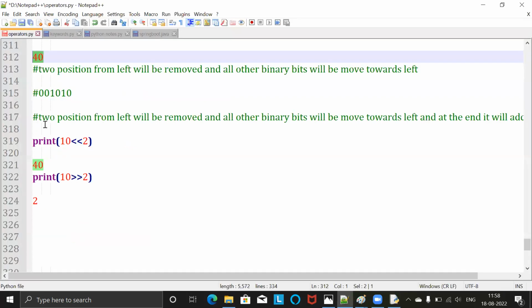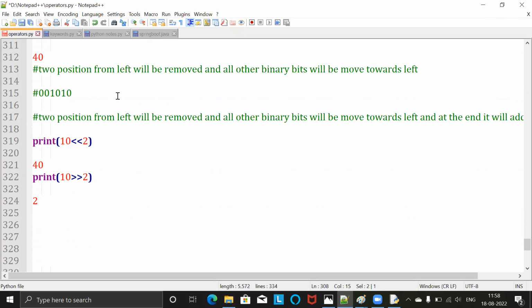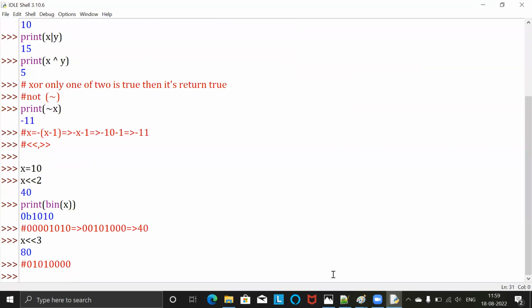See, print right shift operator. Right shift operator means first it will take the right 2 bits. It will remove the right 2 bits and print the remaining bits. At last it adds 2 bits. I give one example: x right shift of 2.